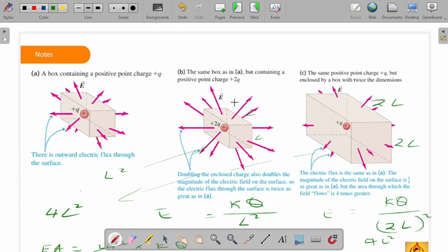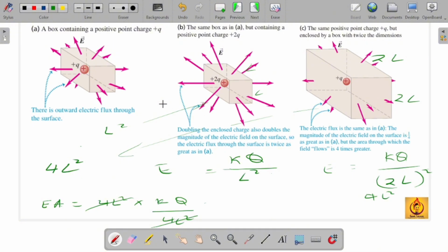Before you change the dimensions, you have the area as L squared, you have your electric field as KQ over L squared. The L squareds cancel, all that is left is KQ. So as you can see, increasing the dimensions doesn't change the flux. Is this clear?